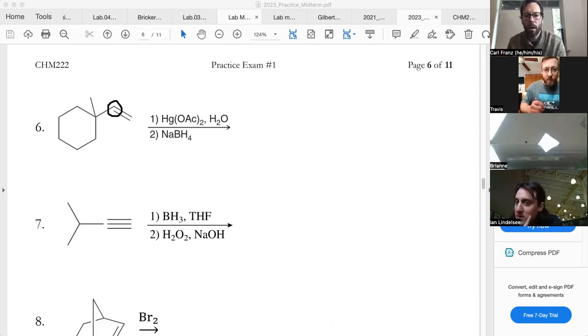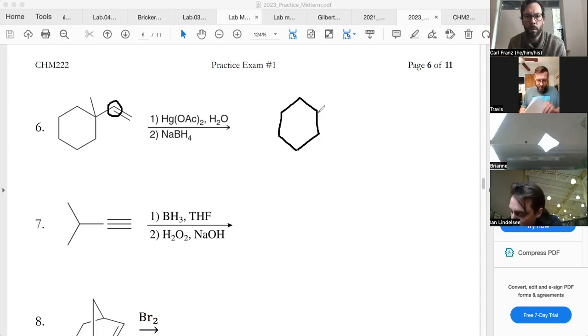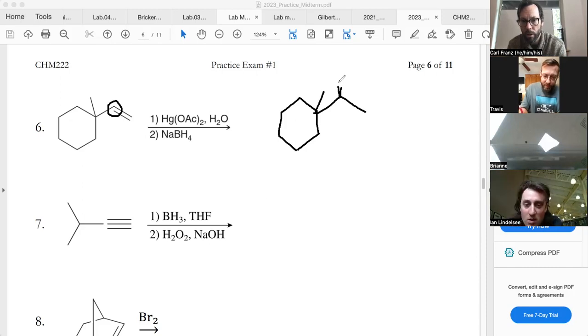So let's write what that looks like here. So we've got our structure here, and then right there, we'll take the double bond off, and we can show our stereochemistry.